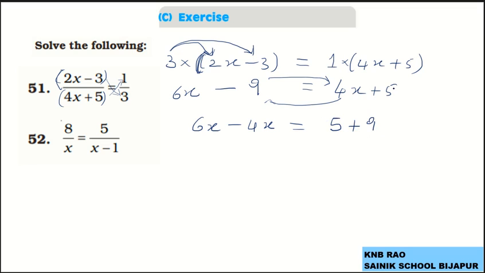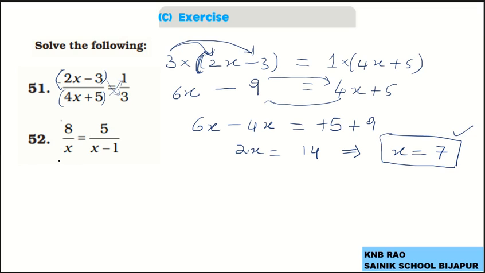So already plus 5 is there, to that 9 will get added. So 6x minus 4x is 2x, and 5 plus 9 is 14. It implies x equals 7, because 2 multiplying, when it is transposed to the other side, becomes a divisor. 14 divided by 2 is 7. So x equals 7 is the solution.